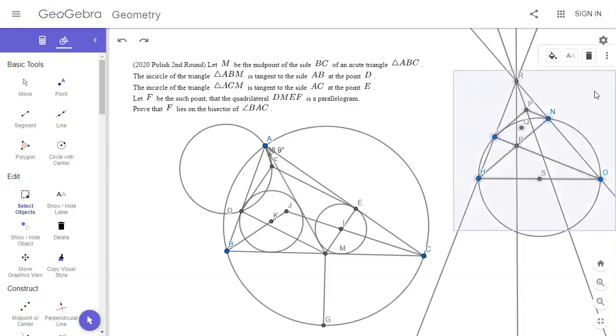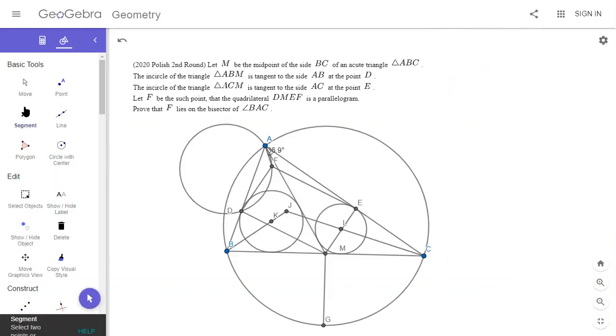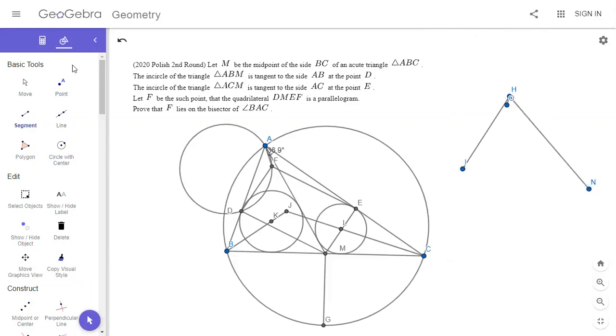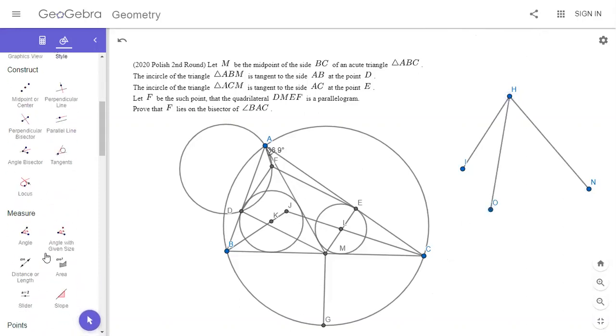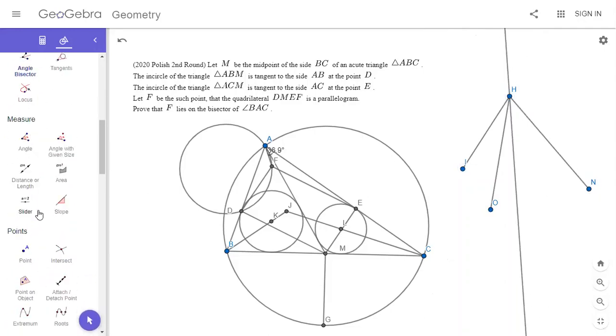So there's this other lemma called the isogonal line lemma, which is really useful, and you could apply it to solve this problem. Why not? I'll just show it to you really quick.